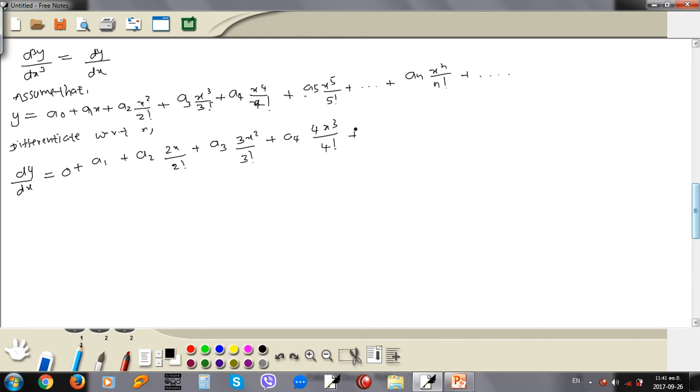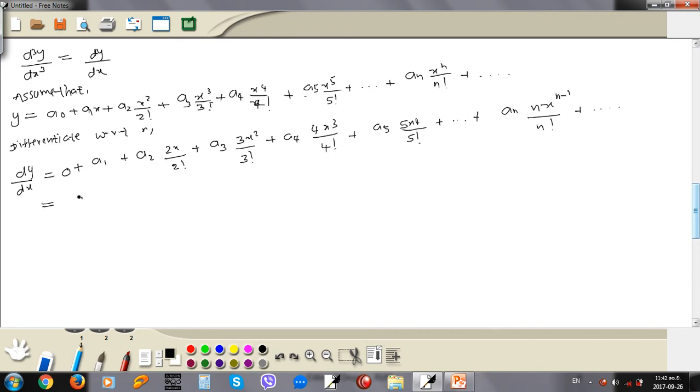If we differentiate this one, a5 is constant, then this one gives 5x to the power 4 divided by factorial 5, plus this one an, if we differentiate, n x to the power n minus 1 divided by factorial n, up to infinity.